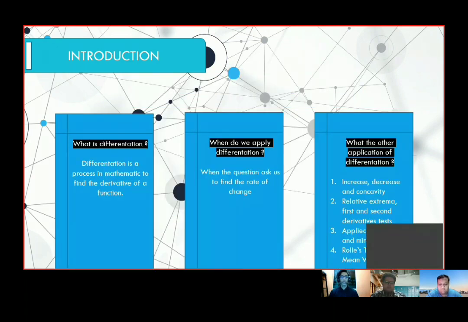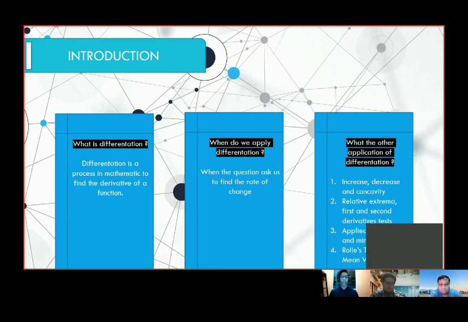So before we start, we must know what is differentiation. Differentiation is a process in mathematics to find the derivative or the rate of change of a function. There are a few techniques of differentiation such as the derivative of sum and difference, the product rule, and last one is the quotient rule.